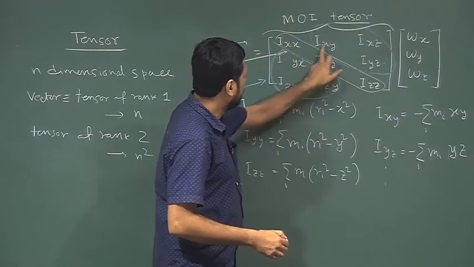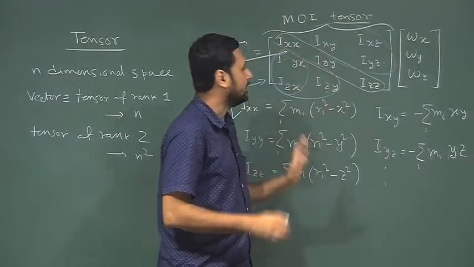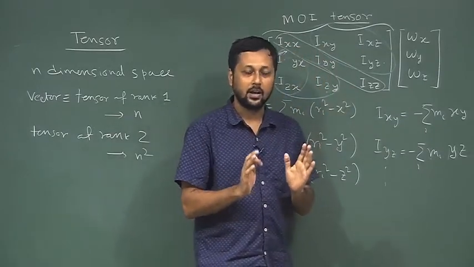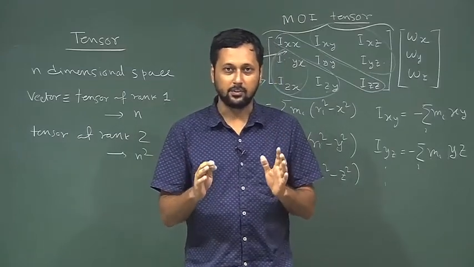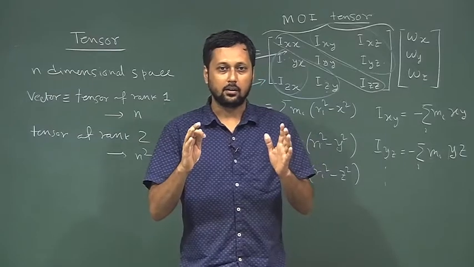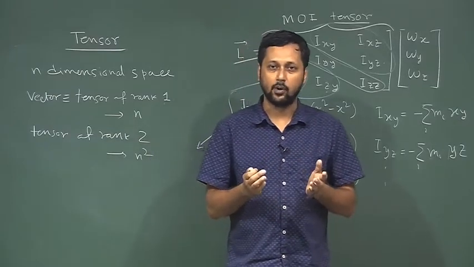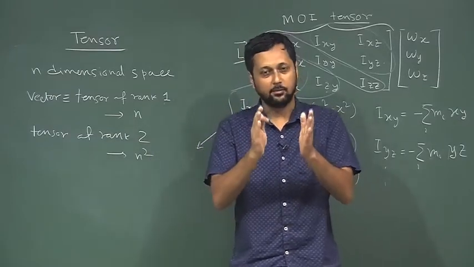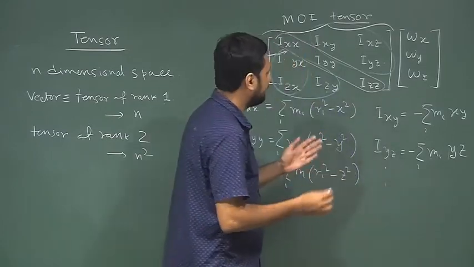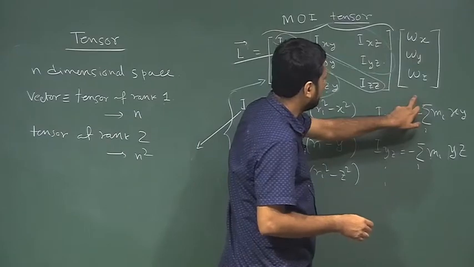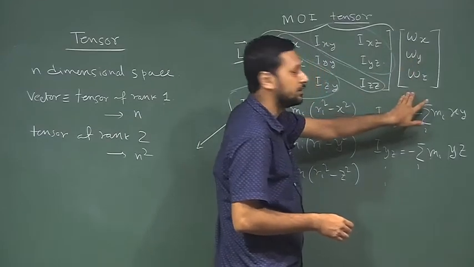We have 1, 2, 3, 4, 5, 6, 7, 8, 9 elements in that matrix, and a tensor of rank 2 is represented by a matrix. A tensor of rank 1, which is a vector, is represented by a row vector or column vector.